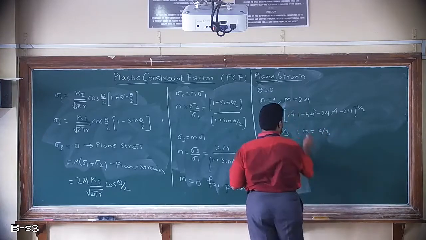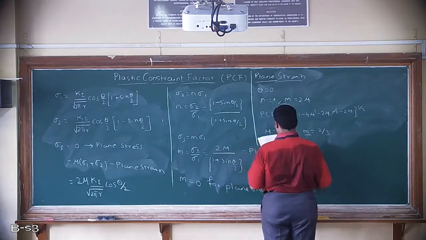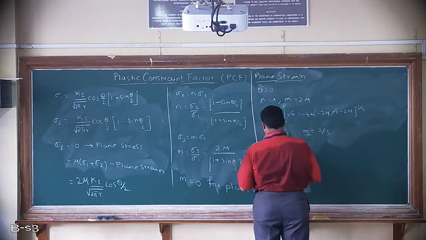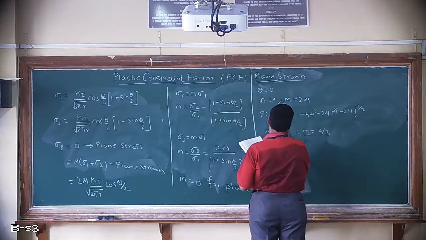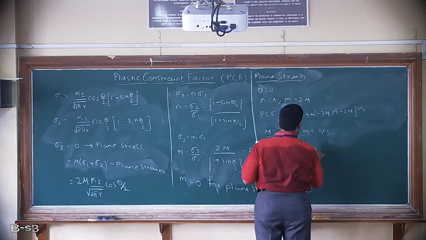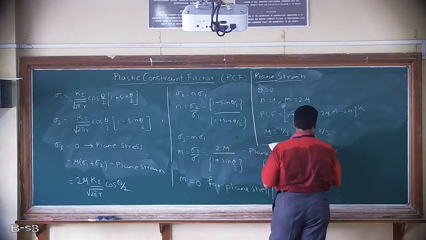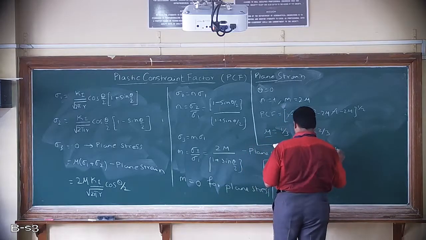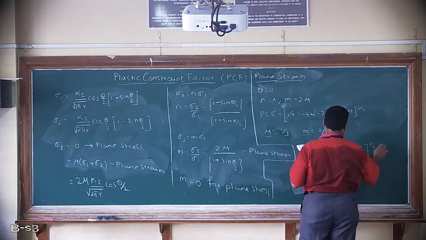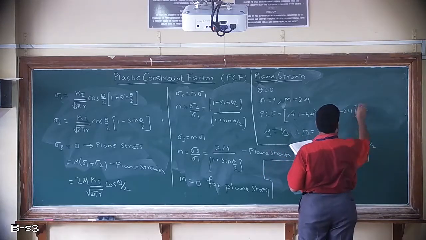So substituting this m in this equation over here, we get PCF equal to 1 plus 4 by 9 minus 2 by 3 minus 2 by 3 raised to half, minus half.